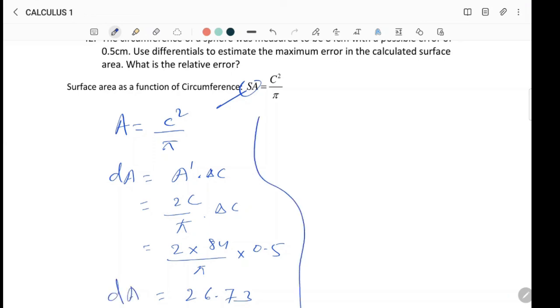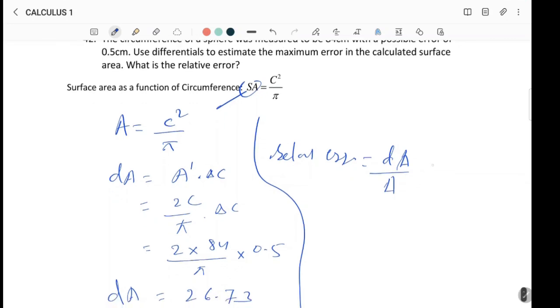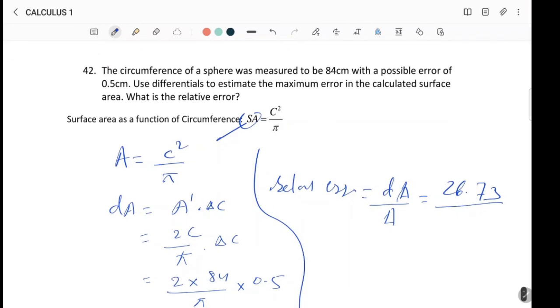Okay, so that is the maximum error in the calculated surface area, and now the relative error. Relative error is dA over A. So dA we already found, 26.73, and A will be c square over pi. So c is 84 over pi.